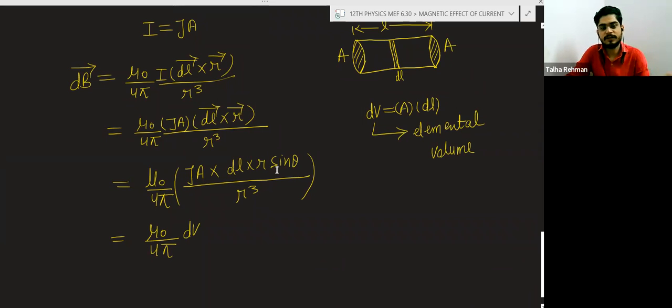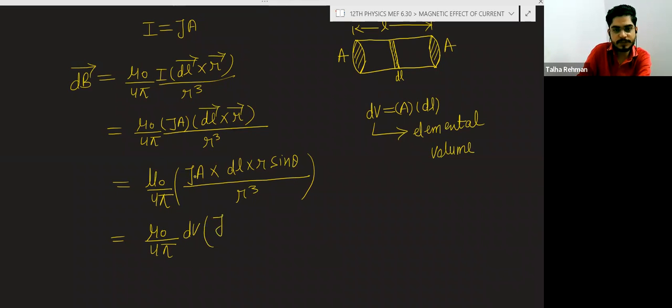You can cancel this r out from here. And A into dl is dV. Here you will have J and r into sine theta, and in the denominator r cube.